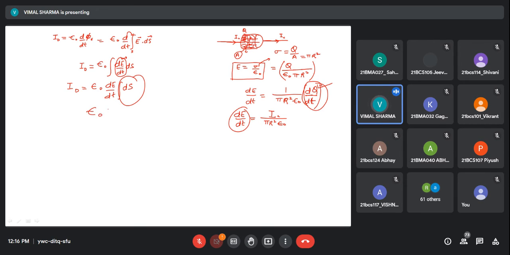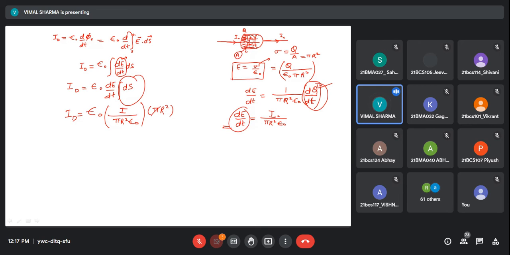So I can write epsilon naught times d by dt of E, and here I have pi R square, and here I have I divided by pi R square epsilon naught. This is my displacement current.